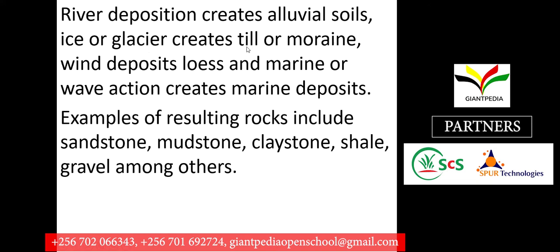Till is unconsolidated material deposited directly by ice or by glaciers. Then wind deposits loose material. Wind erodes and then deposits the material, referred to as loose. And marine or wave action creates marine deposits. So the agents are wave erosion, wind erosion, glacier erosion, and river or running water erosion.